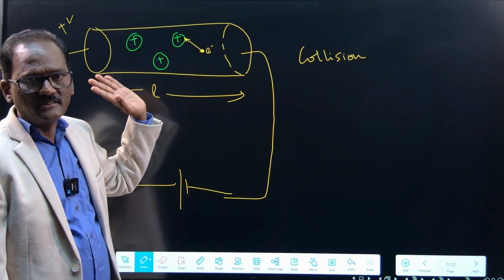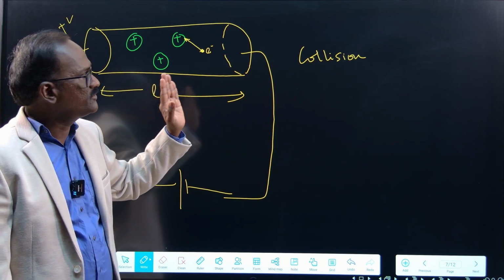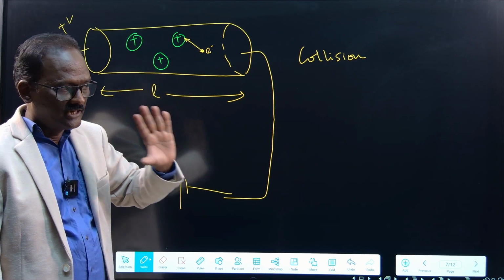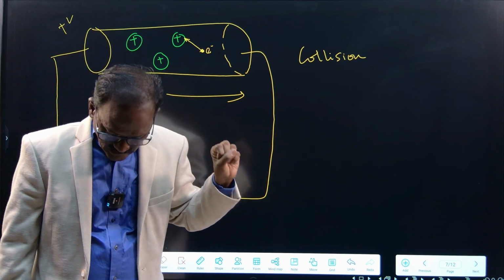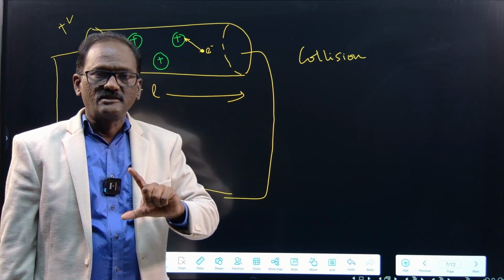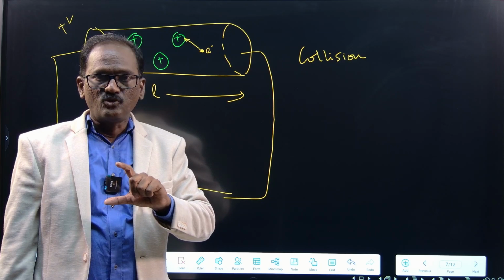They are immovable ions. The remaining part, the positive ions, they can't move. The electron is moving, and if it comes with high speed, it cannot move the positive ions, and it will stop immediately. Again, it is bouncing back.